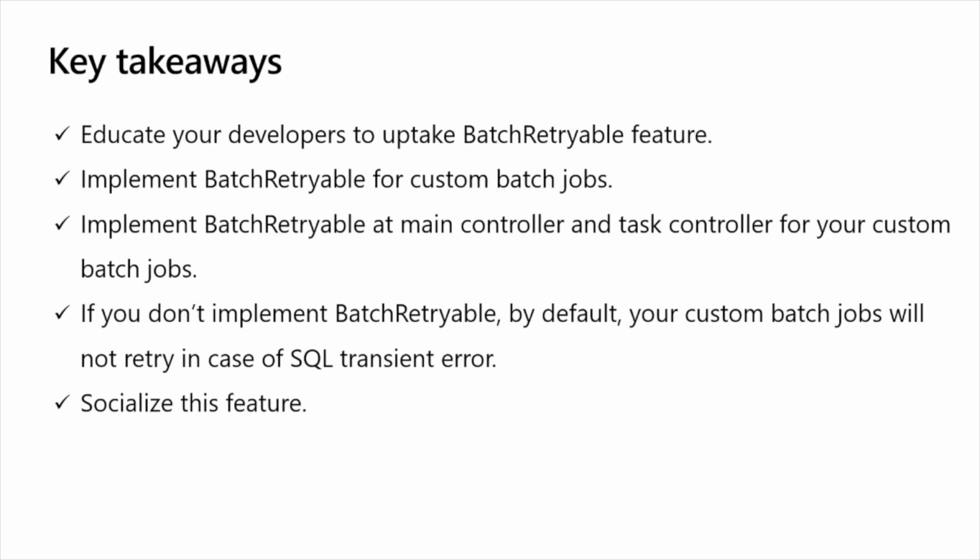Make sure that you implement retriable on the main controller and the task controller. As we mentioned earlier, there's no framework-level change that makes all custom batch jobs handle the retry by default. You will have to implement it in your batch class to be able to use the retry in case of any SQL transient failure.